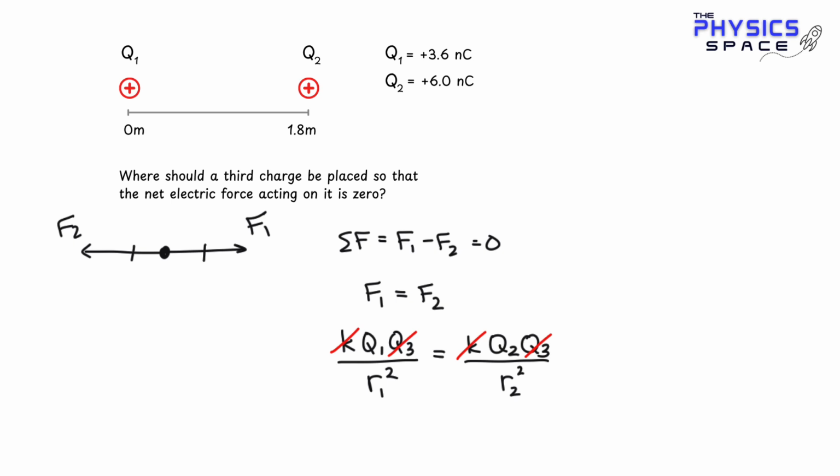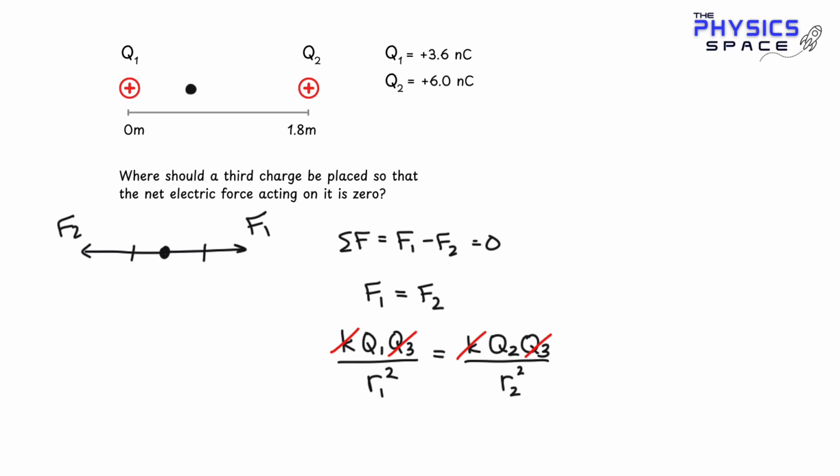So let's add to our picture a little bit. Charge 3 is going to be a little bit closer to charge 1 than it is to charge 2, because charge 2 is a larger magnitude of charge.